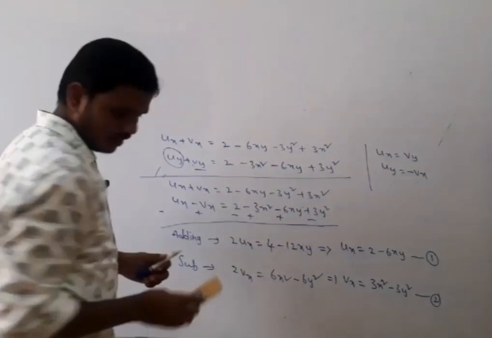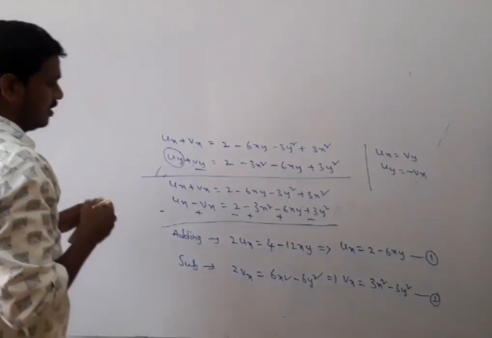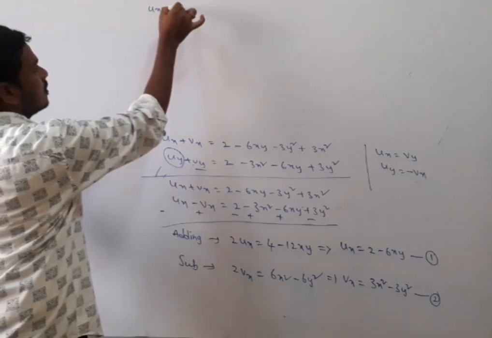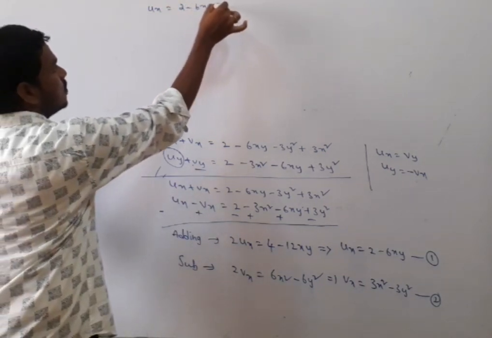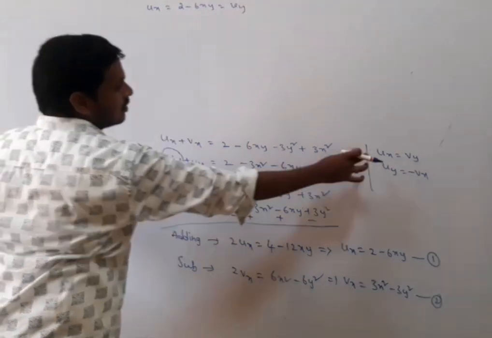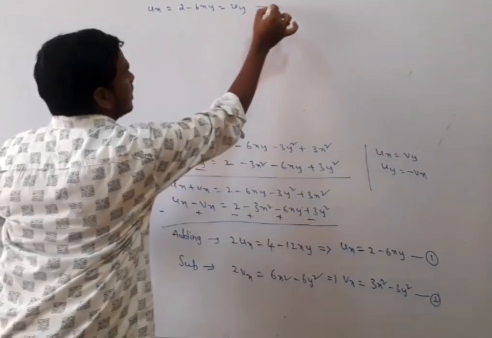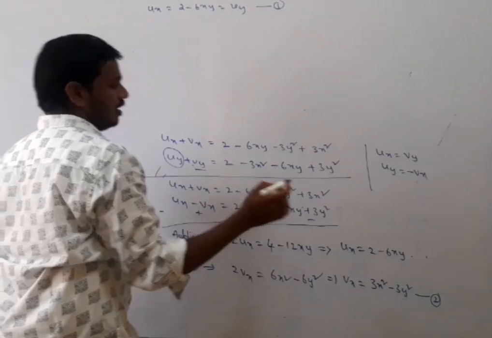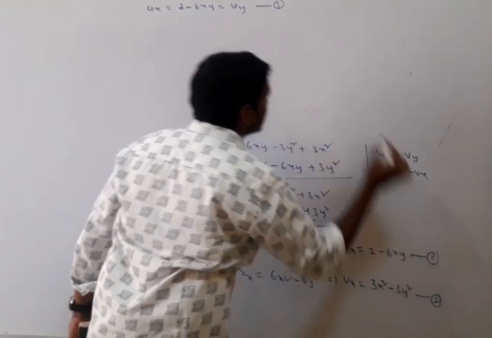Okay, that means you can write ux is equal to 2 minus 6xy. ux is the same as vy, no? Right, say this is equation number 1. This is 1, this is 3.